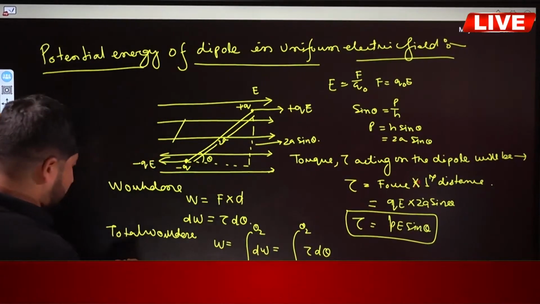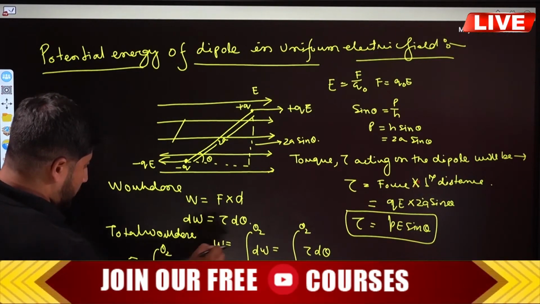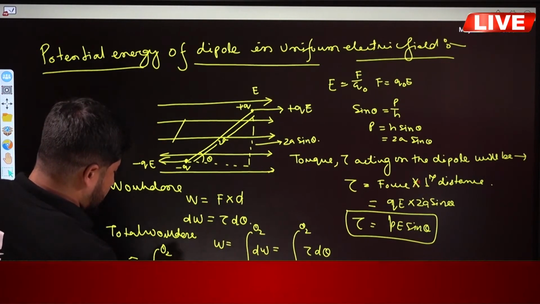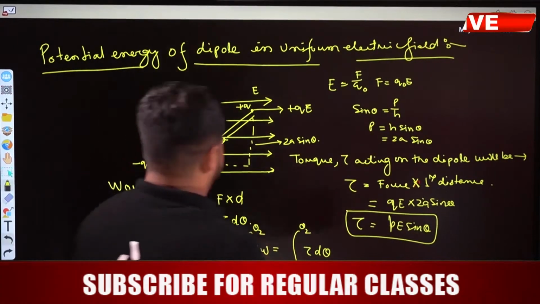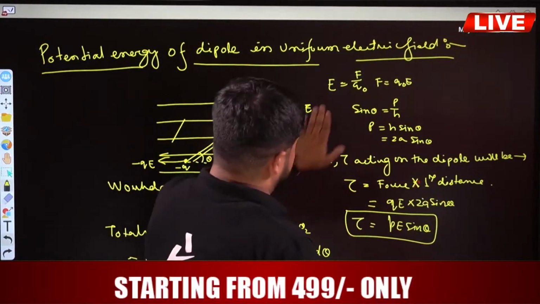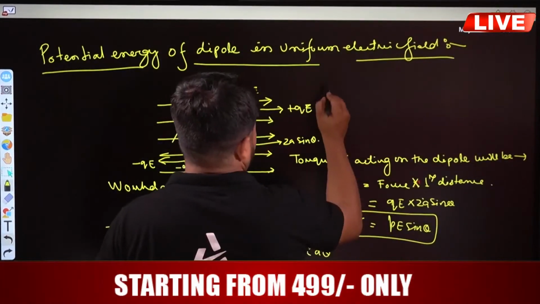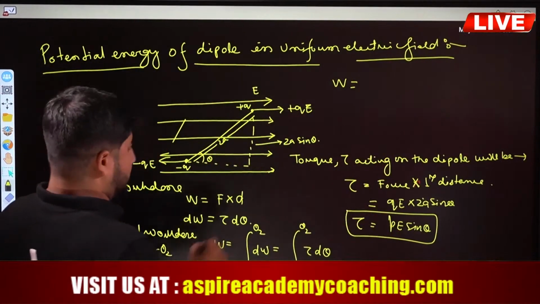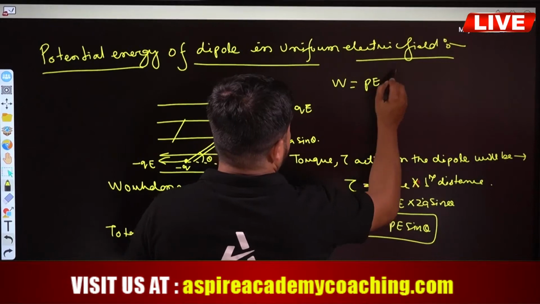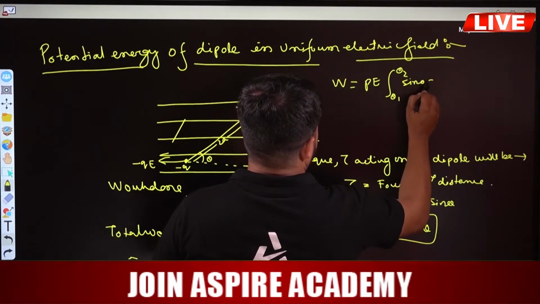After that, integrating from theta 1 to theta 2, tau means pE sin theta d theta. Here p and E are constants, so pE times the integral from theta 1 to theta 2 of sin theta d theta.